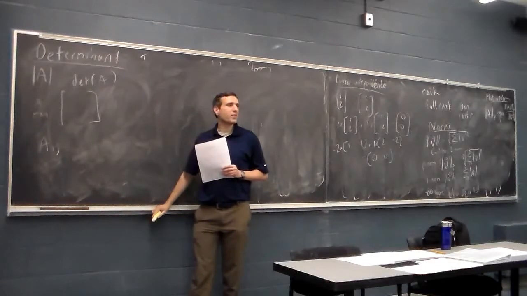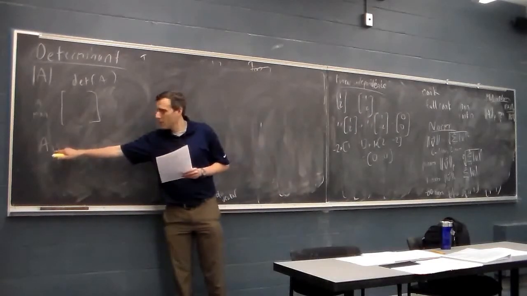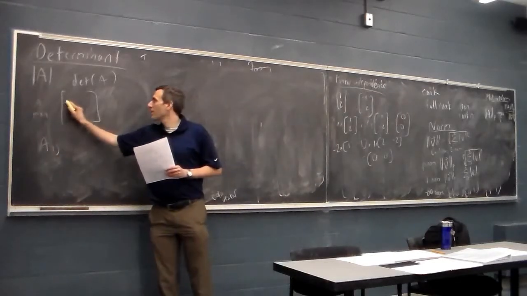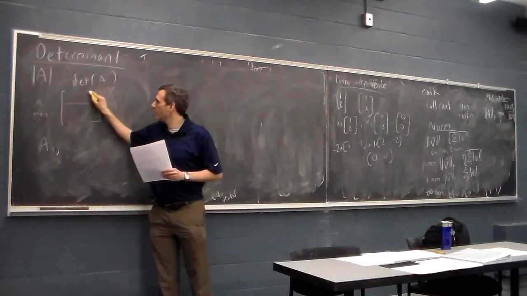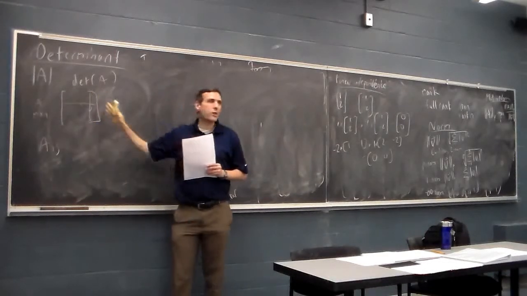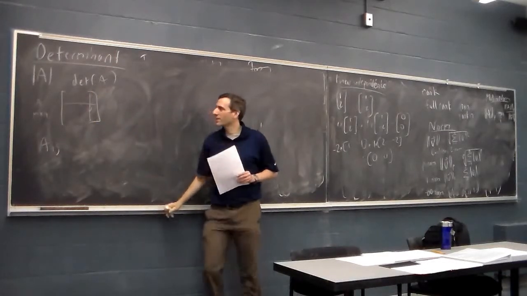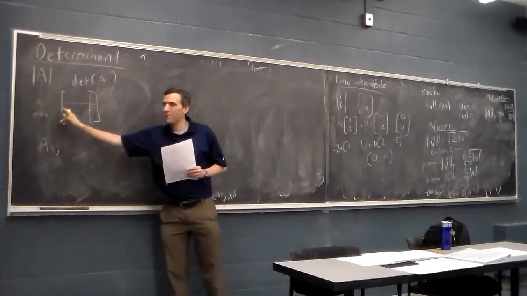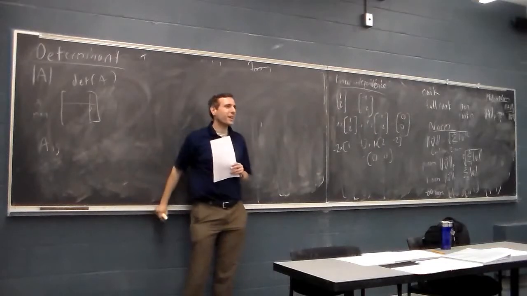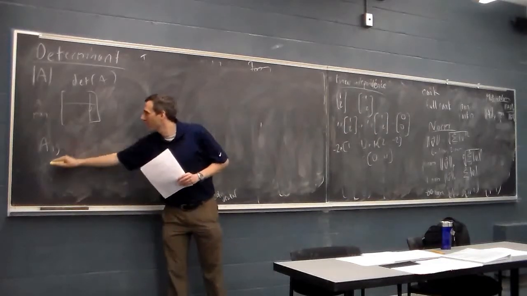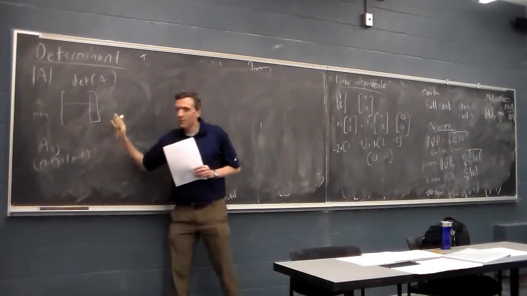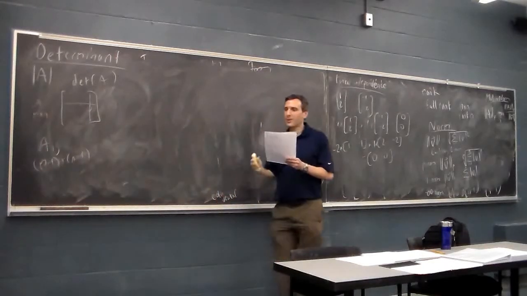This submatrix is defined as what we get if we pull out row i and column j of A. So if this is row i and this is column j, just remove those from A, and then you'll get a matrix that is m minus 1 by n minus 1. Just pull out one row and one column, and that's what you get.